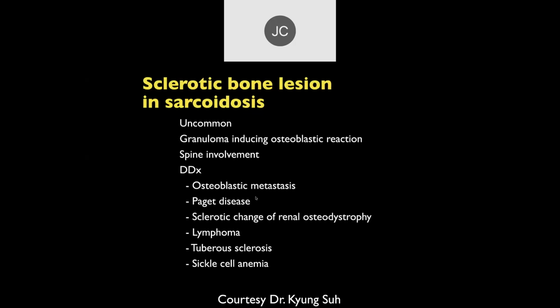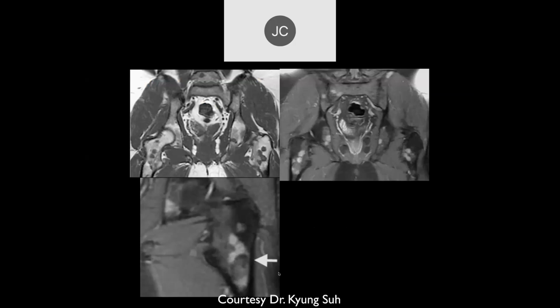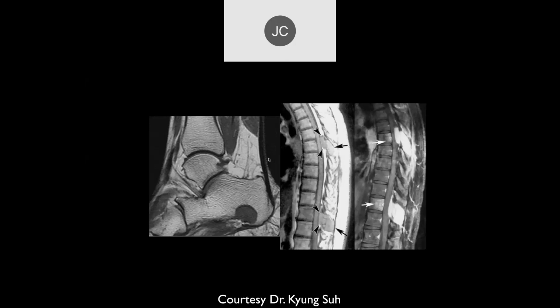The differential diagnosis is often osteoblastic metastases, Paget's disease, renal osteodystrophy, lymphoma, tuberous sclerosis, and sickle cell anemia. And here are the kinds of findings that you can see in sarcoidosis. Other lesions of sarcoidosis.